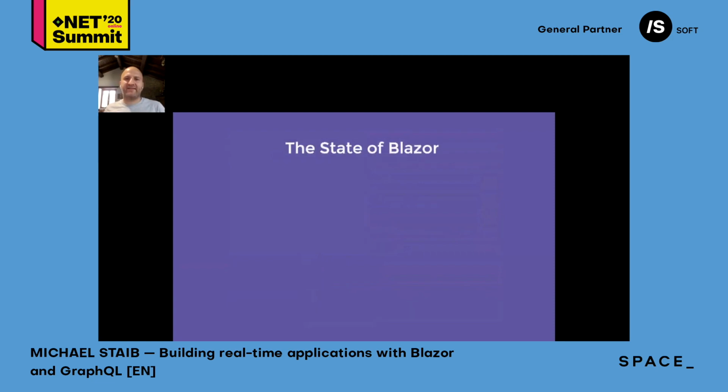Okay, before we head into our demos, let us shortly look at the state of Blazor. Where is Blazor today? So Blazor for Server was actually released back with .NET Core 3.0. It is sufficiently stable and runs at massive scale. The only limitation that you have with Blazor for Server is basically that you could run out of memory.